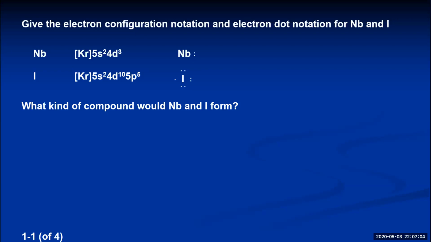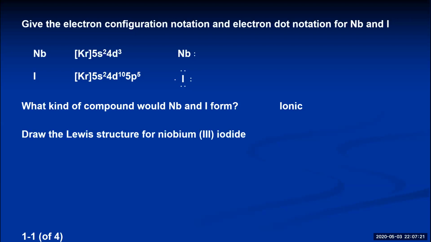And so when you form positive and negative ions, being oppositely charged particles, they will attract each other. The attraction of a positive ion for a negative ion is what's called an ionic bond. And so we call these compounds ionic because they're made of ions and attract with ionic bonds.